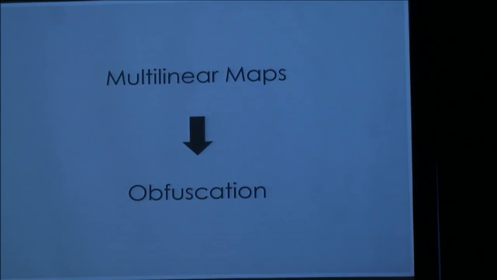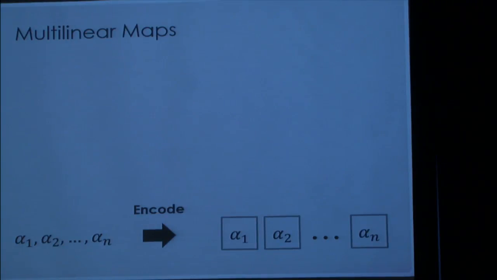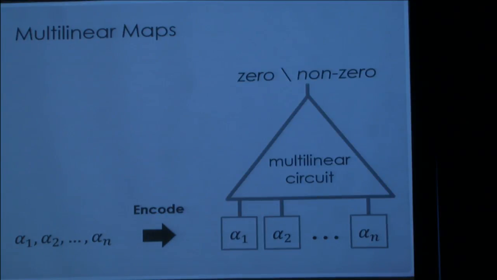Okay. So let's start with a very quick overview of what multilinear maps are and how we use them to construct obfuscation. A multilinear map is an encoding scheme that allows you to encode elements taken from some ring or a field. What you can do with these encodings is homomorphically evaluate arithmetic circuits on them and test whether the circuits vanish or not, so if they evaluate to 0 or not.